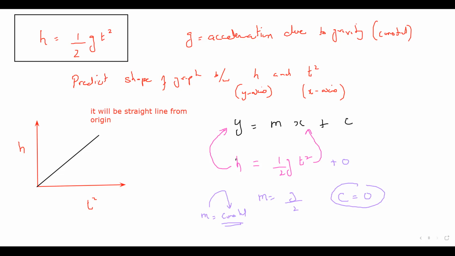Another example, we have the equation 2gh equals v square, and we have to show that... where g is equal to the constant acceleration due to gravity, which is a constant.